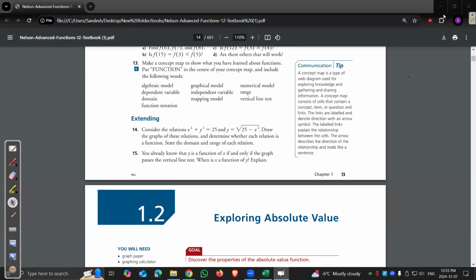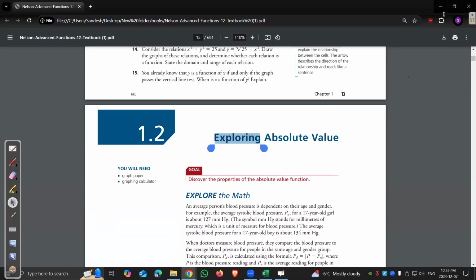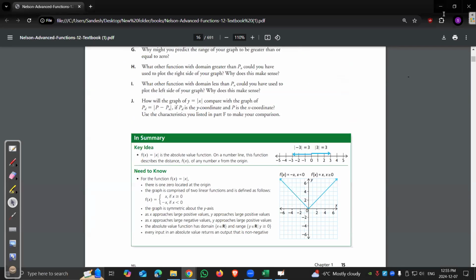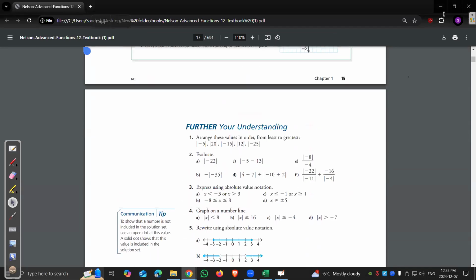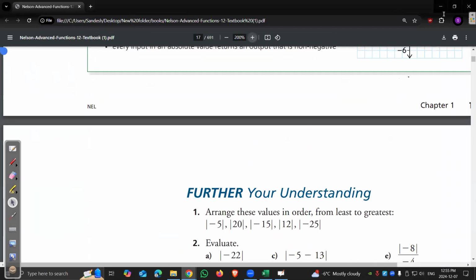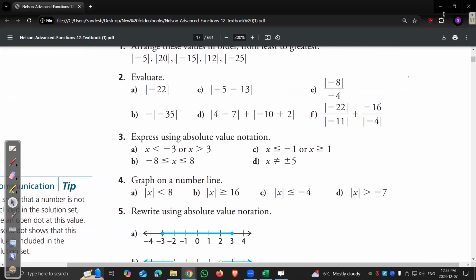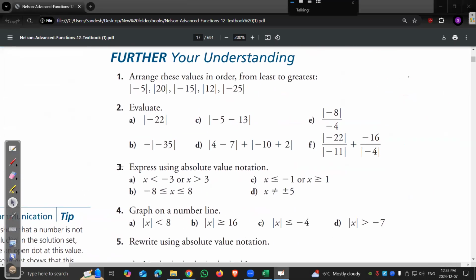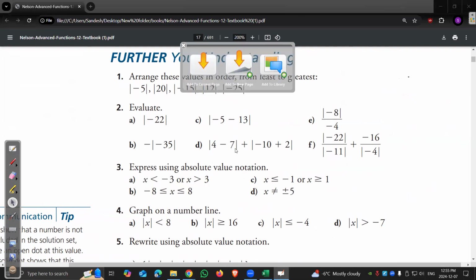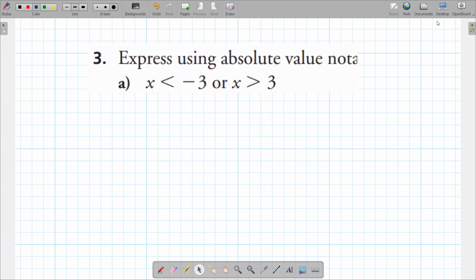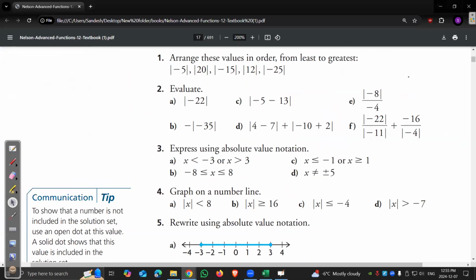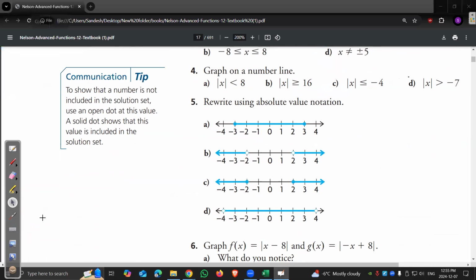Not too difficult. The next section here goes into absolute value. Again, I don't think it's terribly difficult. What is difficult though is these. It says express using the absolute value notation.